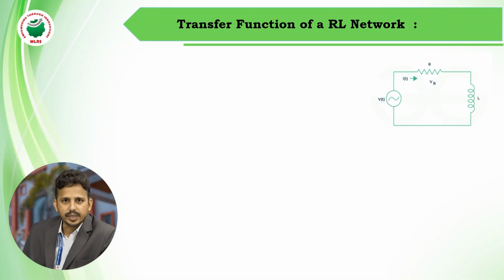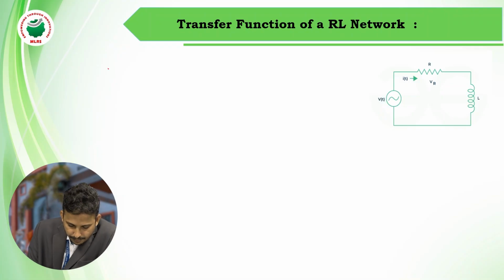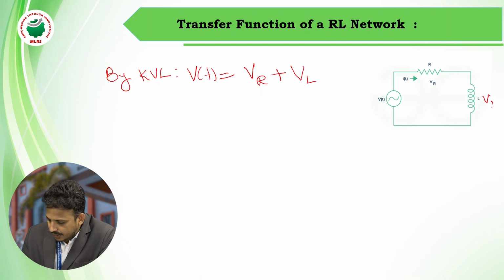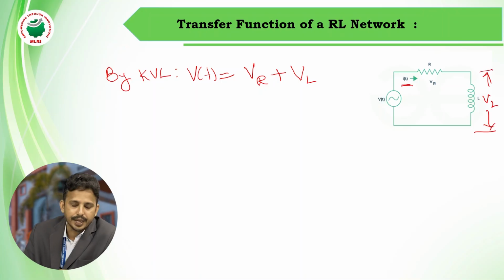Now the transfer function of an RL circuit. By KVL, V of t is equal to VR, the voltage across the resistor, plus the voltage across the inductor, and I am considering the output as current I of t.